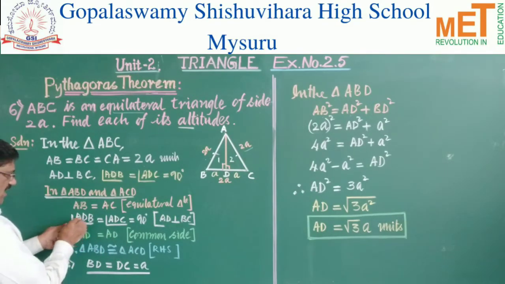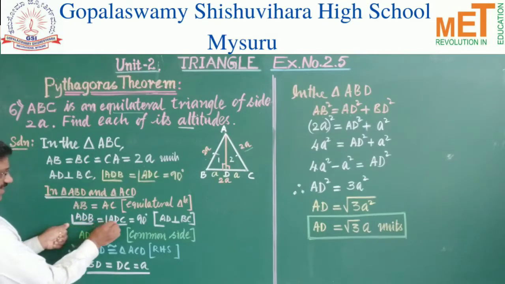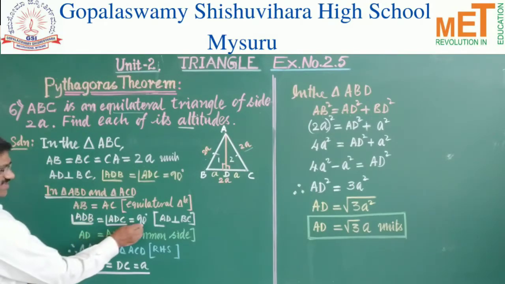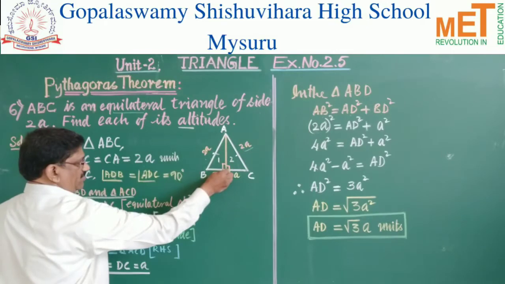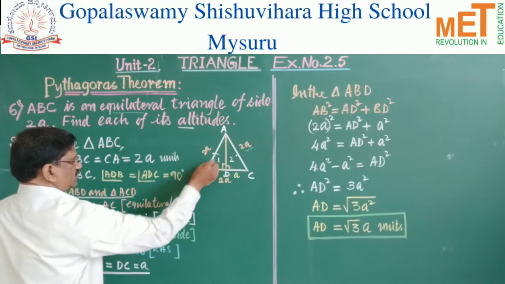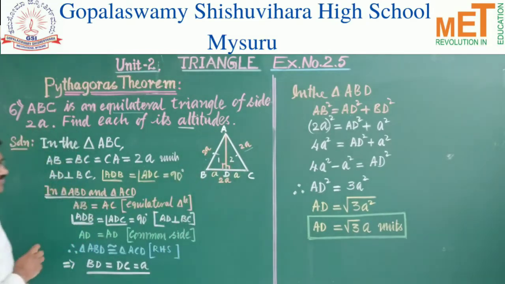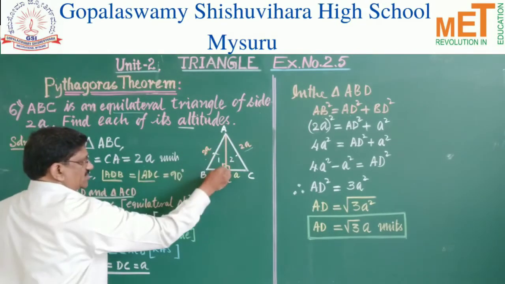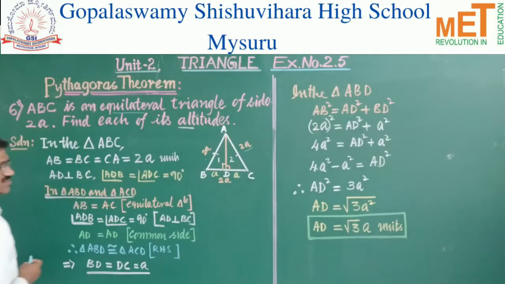Next, angle ADB is equal to angle ADC, that is equal to 90 degree. And AD is common to both the triangles ABD and ADC.